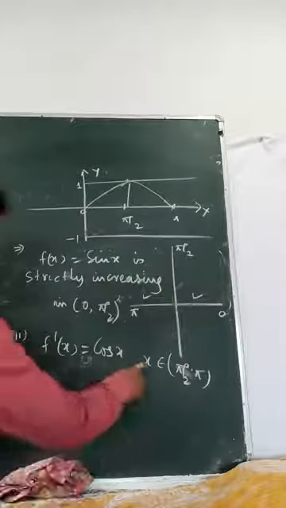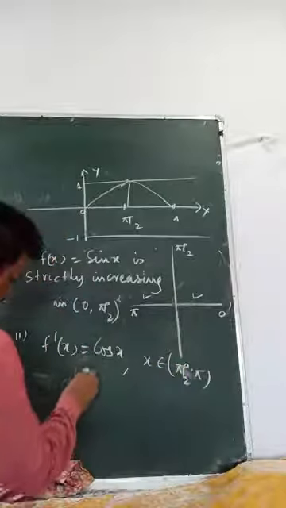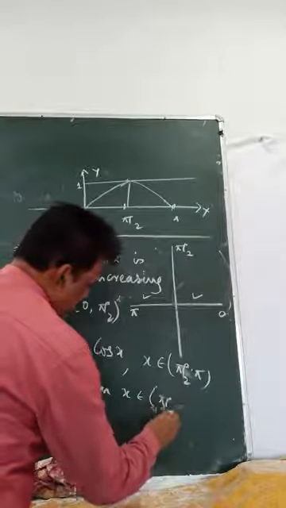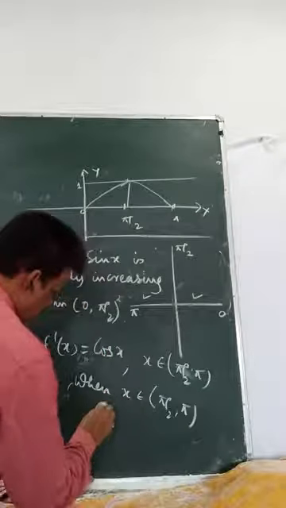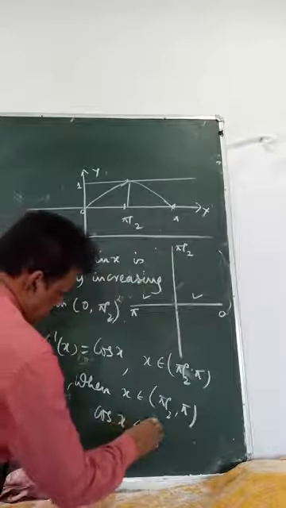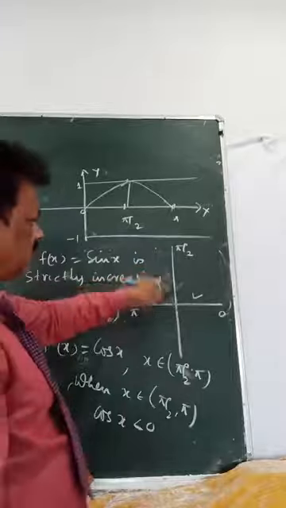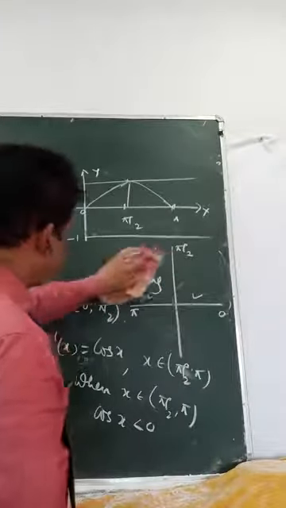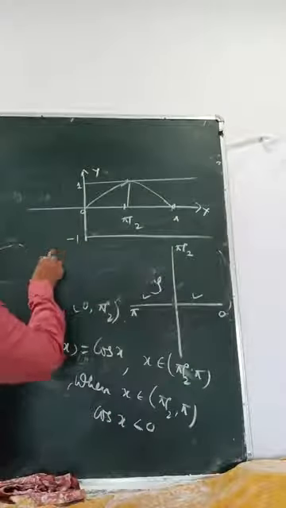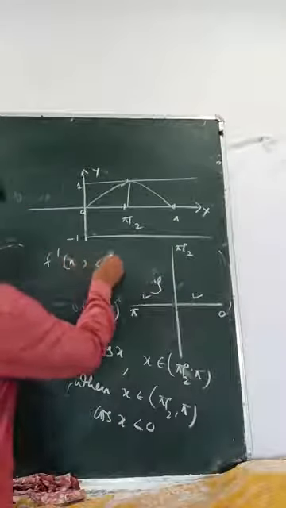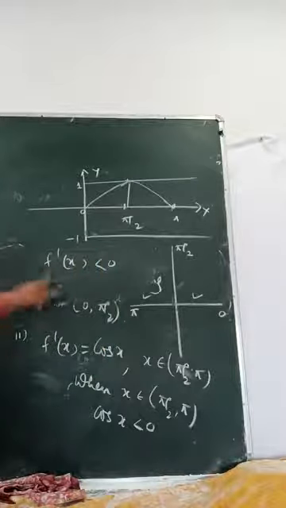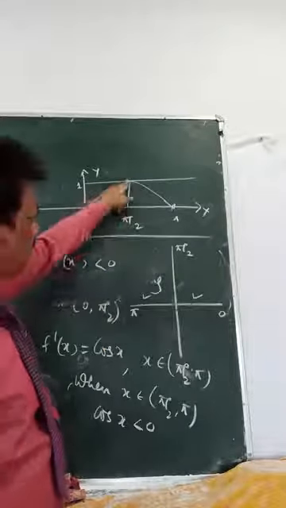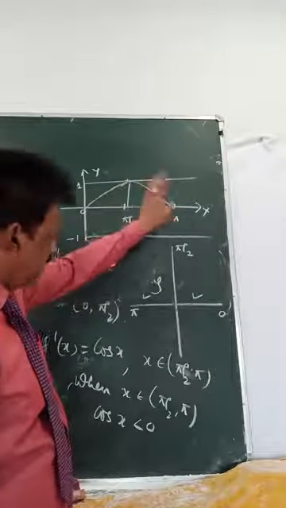So when x belongs to pi by 2 to pi, cos x is smaller than 0, because this is in the second quadrant. So f dash x is smaller than 0. When f dash x is smaller than 0, the graph is decreasing. You can see here from pi by 2 to pi, the graph is decreasing.